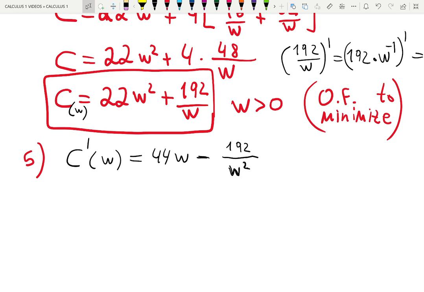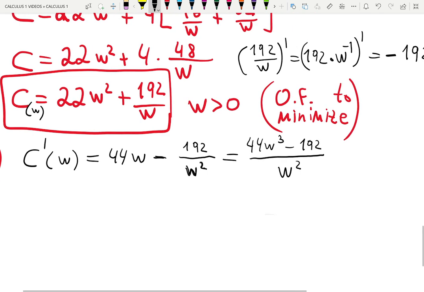So that is the derivative. We want to solve this derivative. We want to find w, where this derivative is 0 or does not exist. To do so, I highly recommend creating a common denominator if you can. If you see fractions, just create a common denominator. It makes everything so much easier. I really recommend that. 44w cubed minus 192, like so.